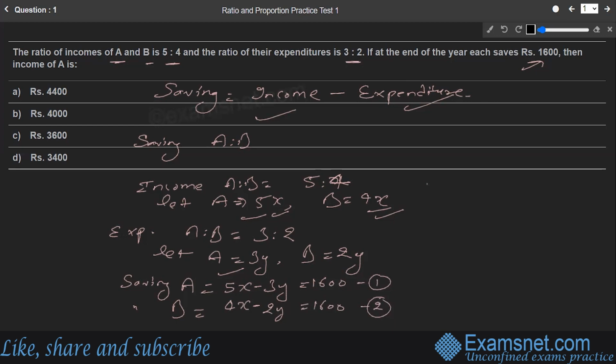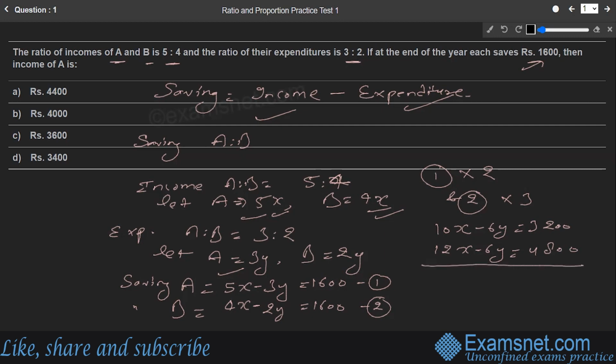If we multiply the first equation by 2 and the second equation by 3, the first becomes 10x minus 6y is equal to 3200, and the second becomes 12x minus 6y is equal to 4800.